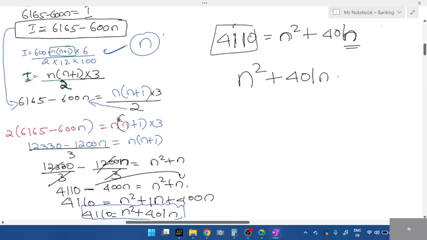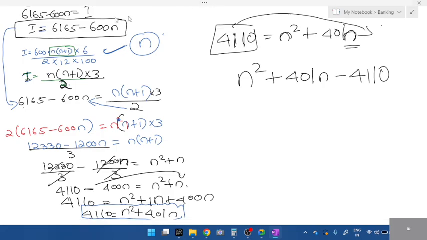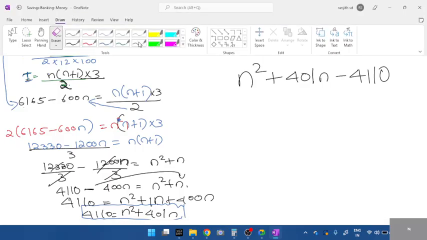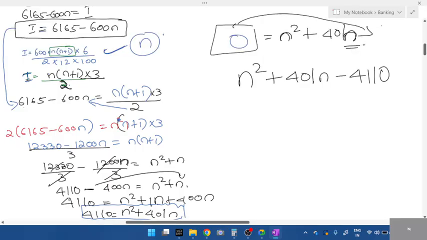Positive 4110 becomes minus 4110. If this goes to the right hand side, this place becomes empty, students, so put 0 here. Then you can rewrite like this: n square plus 401n minus 4110 is equal to 0.